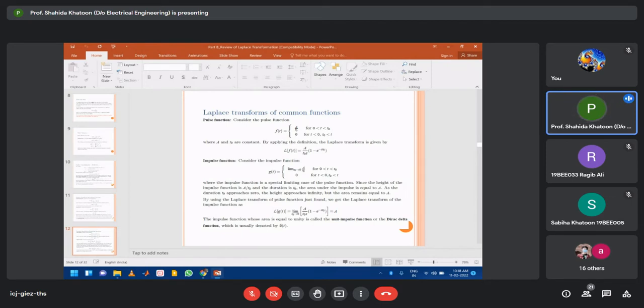If you substitute the limit, you get a value of A. So the Laplace transform of an impulse function is A. The impulse function whose area is equal to unity is called the unit impulse function, or the Dirac delta function, usually denoted by delta t. This is a very, very important definition, so I want all of you to take down the notes. These are the most commonly used input functions in control systems.